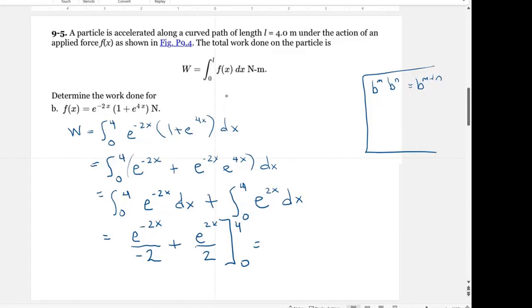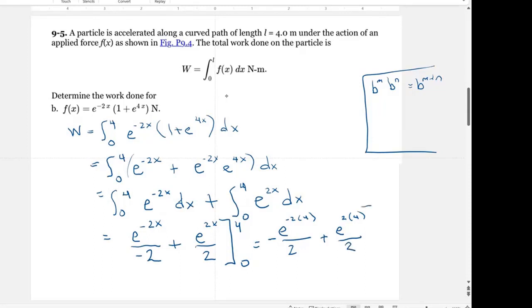So first I'm going to plug in my 4. I have e to the negative 2 times 4 divided, let's take the negative out, divided by 2, plus e to the positive 2 times 4 divided by 2.